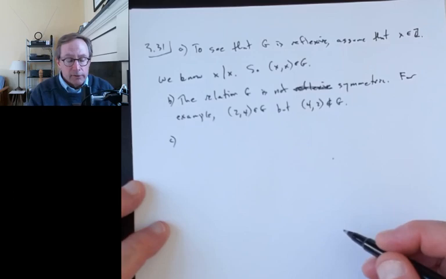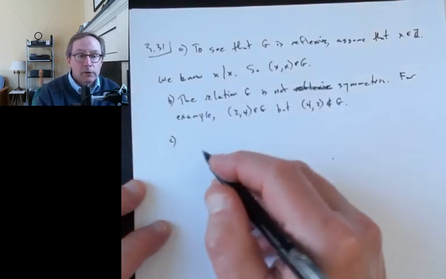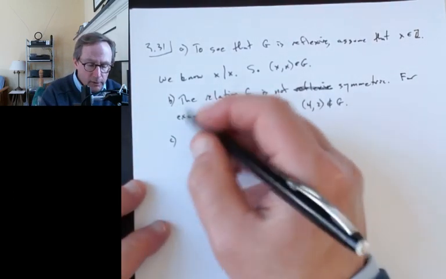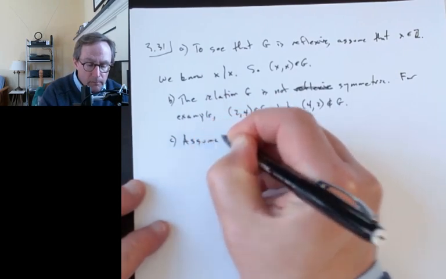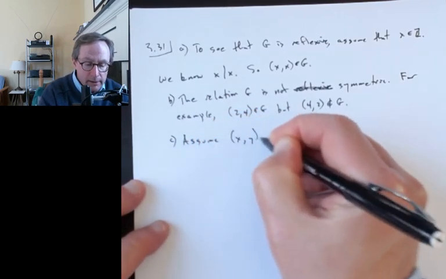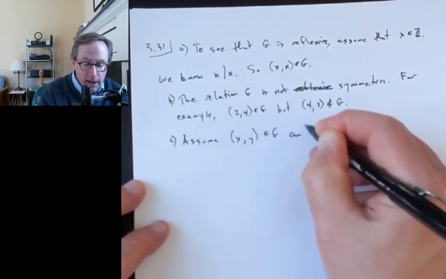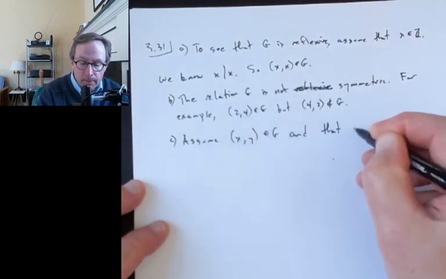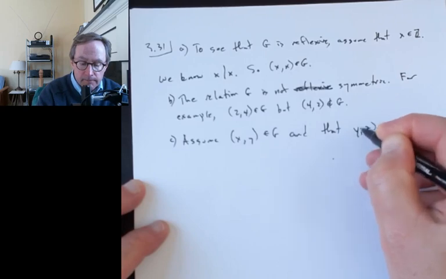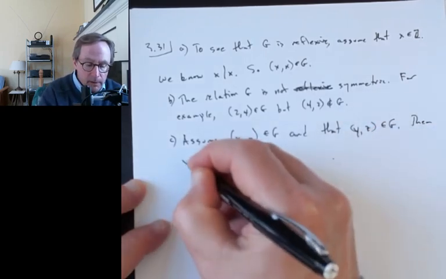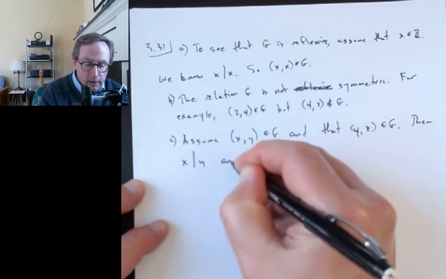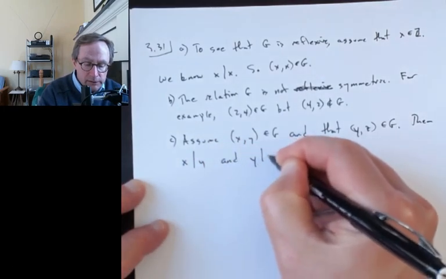And actually, transitive is relatively straightforward because when we first learned this property, we called it transitive. So here, assume that x comma y is in G and that y comma z is in G. Then x divides y and y divides z.